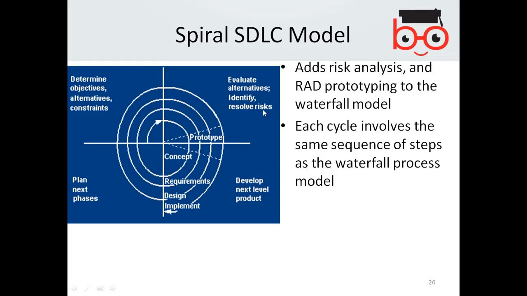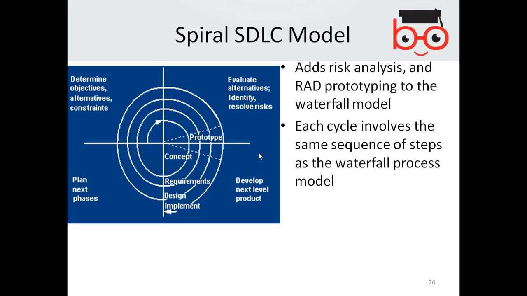You identify the risk and produce a prototype. And then in the next phase, you take the requirements, analyze the risk, check whether the implemented software is correct, and whether it is on schedule, and then you move further. So this process continues in this way.